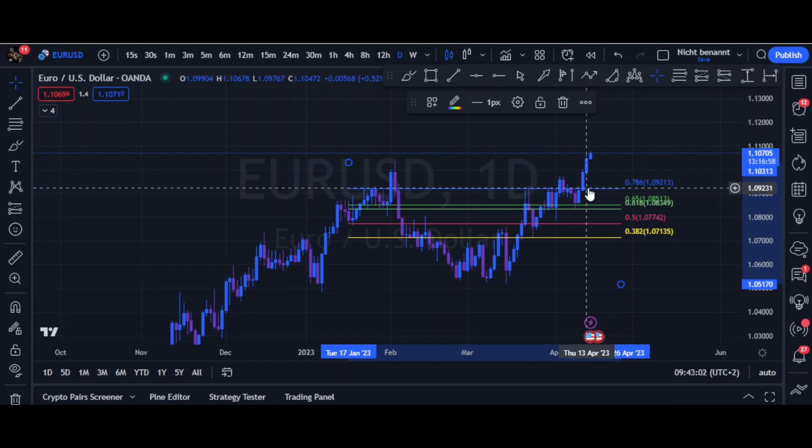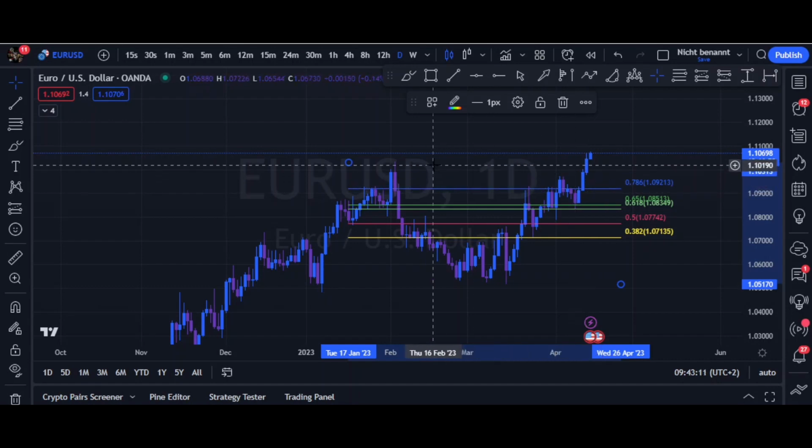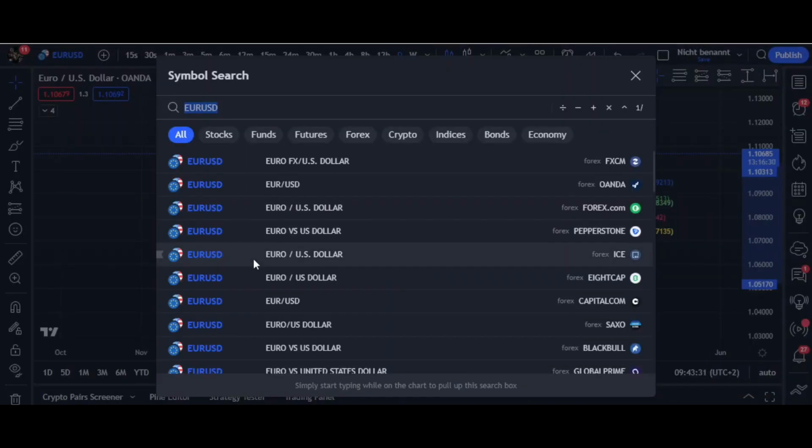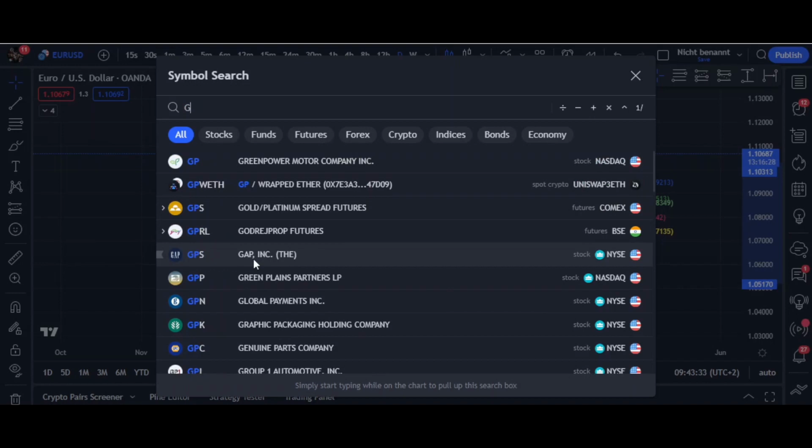So again, click on the Fibonacci Retracement Tool and let's take a look from this level from the downside and put it up to this level here. This will not work. Maybe let's do it from this one.